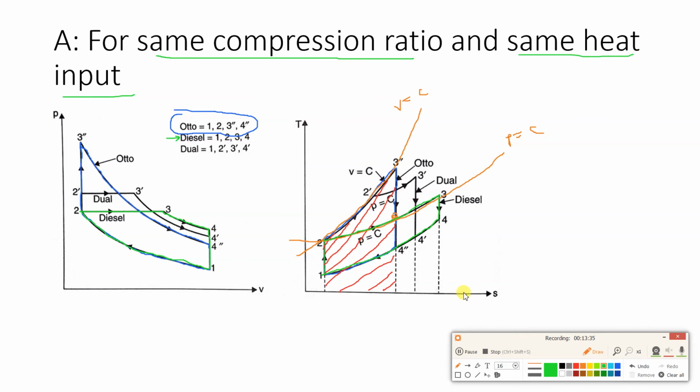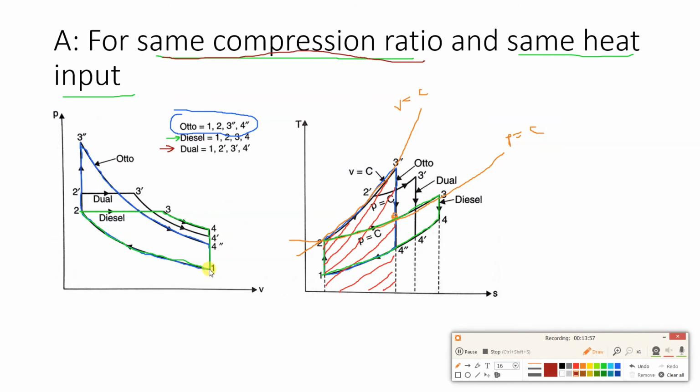Now next we will see the last cycle which I wanted to explain here, dual cycle. So again in case of dual cycle, this comparison is for same compression ratio.